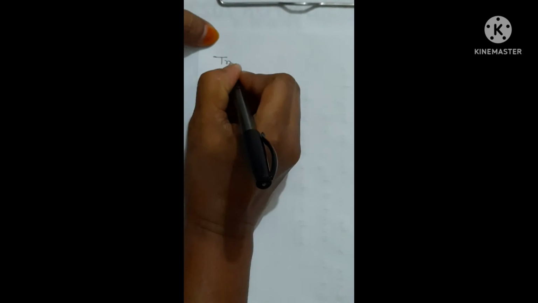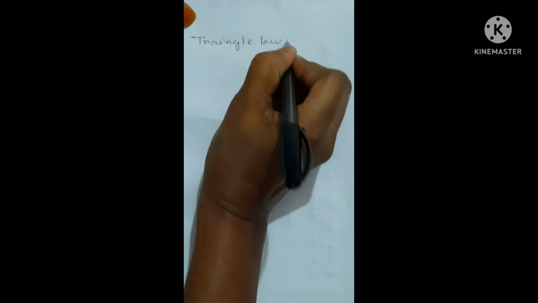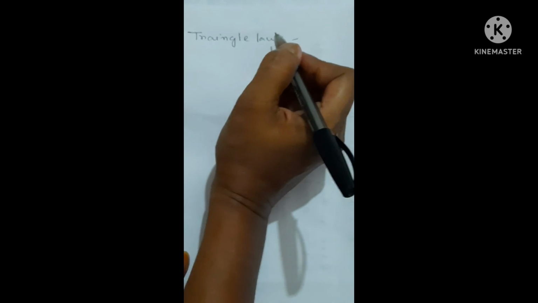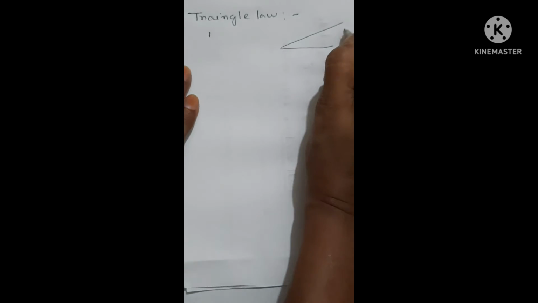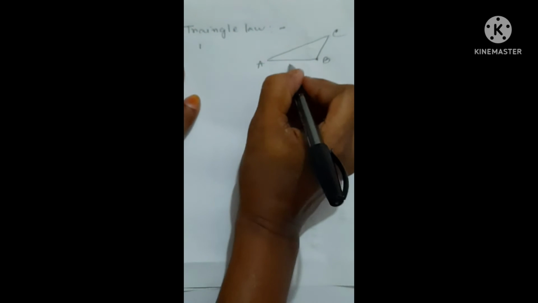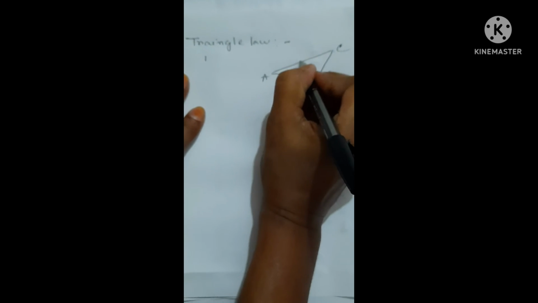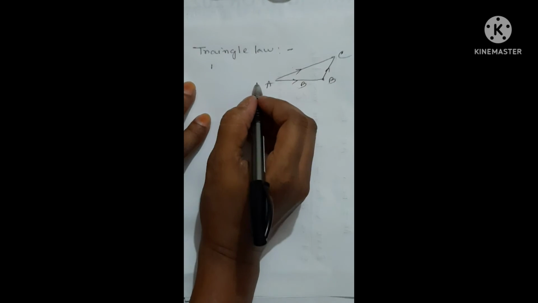Next, the triangle law. Two vectors are added using the triangle law. For any triangle, we draw triangle ABC.